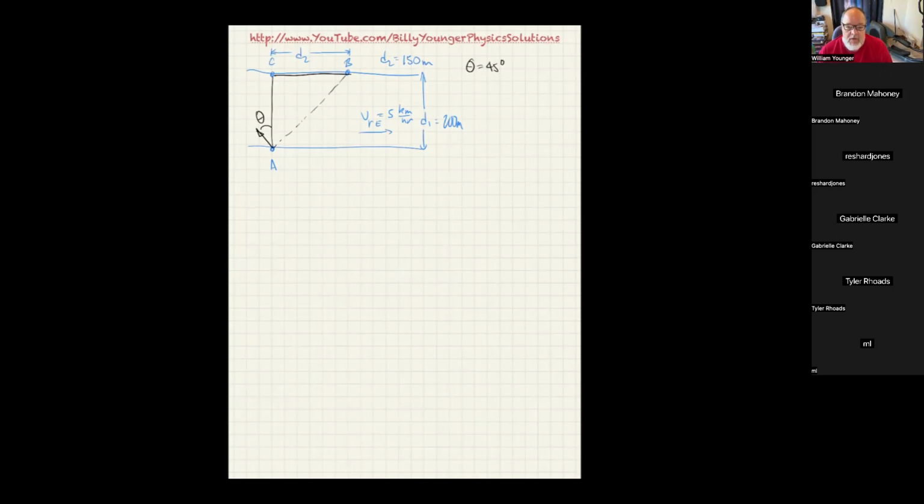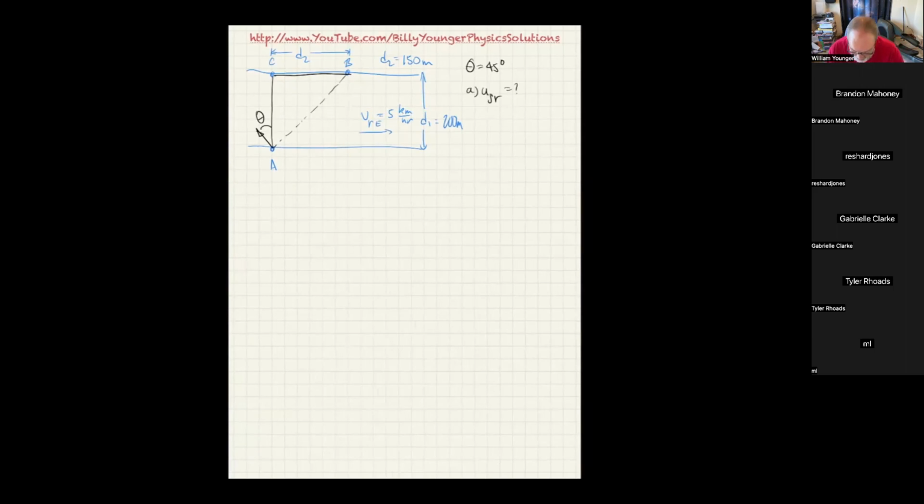So they said to swim directly from A to B, what speed US relative to the water should the swimmer have? So what they want to know is US, and that's the velocity of the swimmer relative to the river. So I'll call it USR, and they're going to say equals question mark.